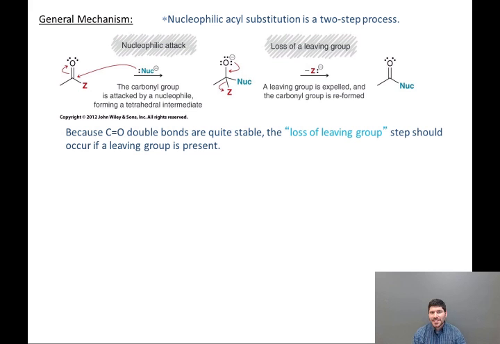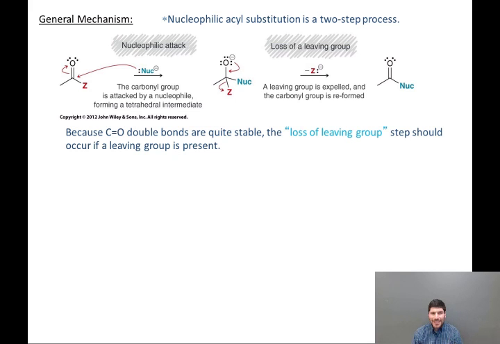Okay, so in this slide, I want to look at the general mechanism for an acyl transfer reaction. We will look at a specific example in the next video. So nucleophilic acyl substitution is a two-step process. In the first step, the nucleophile attacks the carbonyl carbon and breaks the C=O pi bond to put a negative charge onto the oxygen.